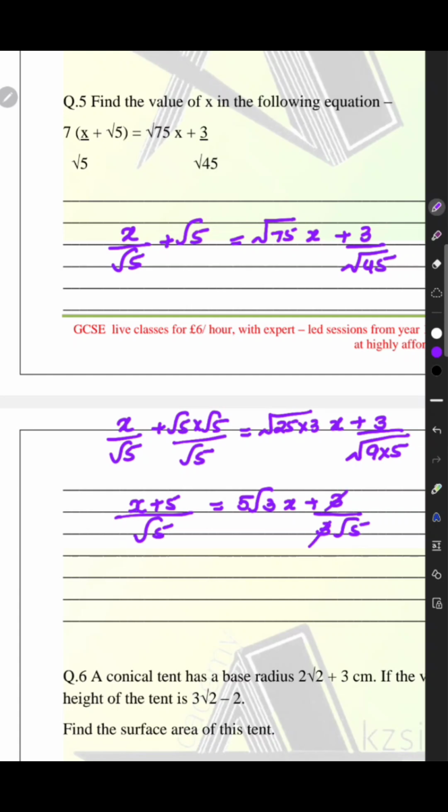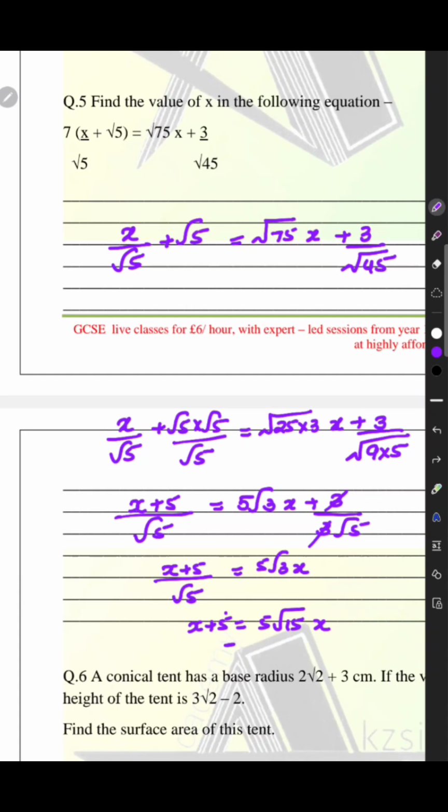I can cancel out 3 and 3. This would be written as x plus 5 over root 5 is equal to 5 root 3 x. Multiplying both the sides by root 5 will give me x plus 5 is equal to 5 root 15 x. Now move this onto the right hand side to get the value of x.